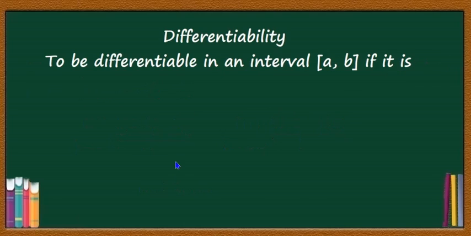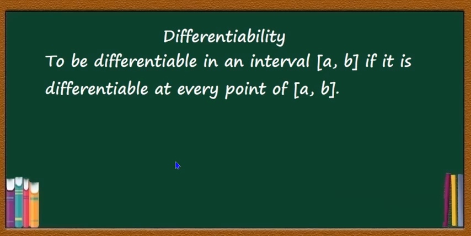And it is differentiable in an interval a comma b if it is differentiable at every point of a comma b, that is for all the points in this interval, the function is differentiable.